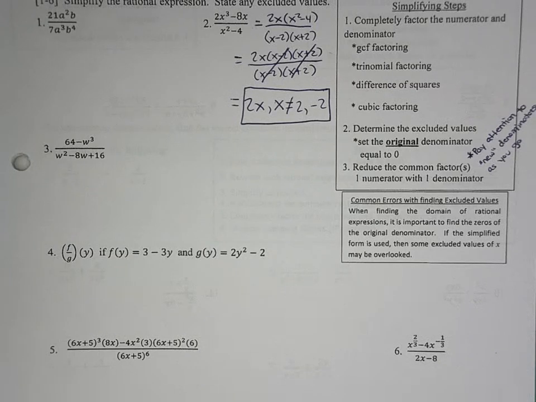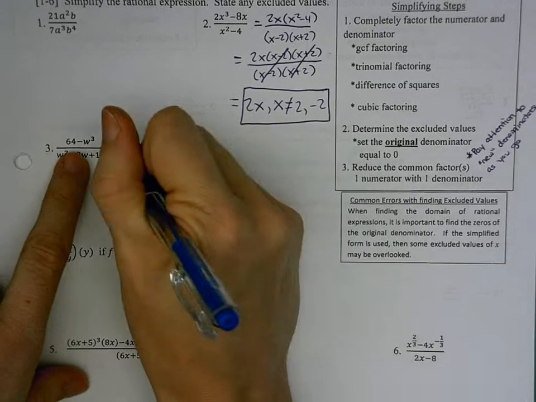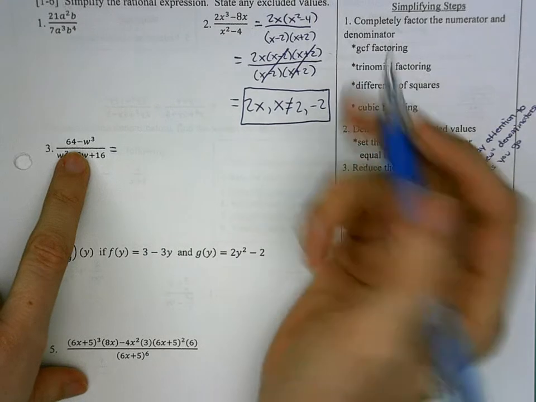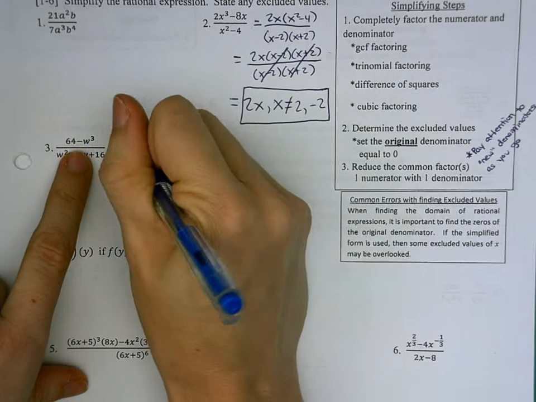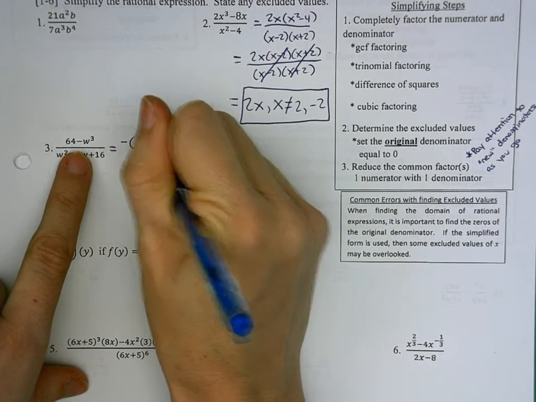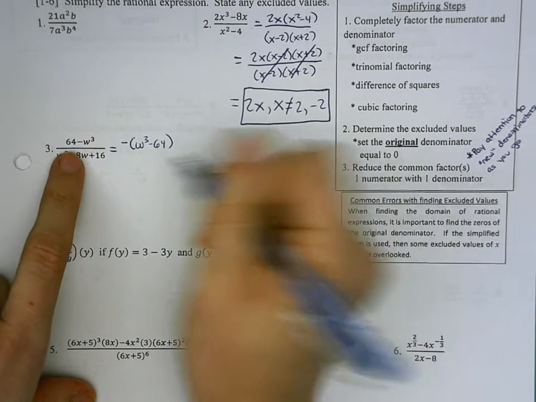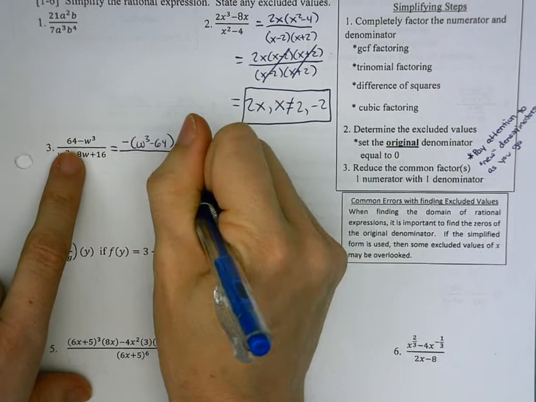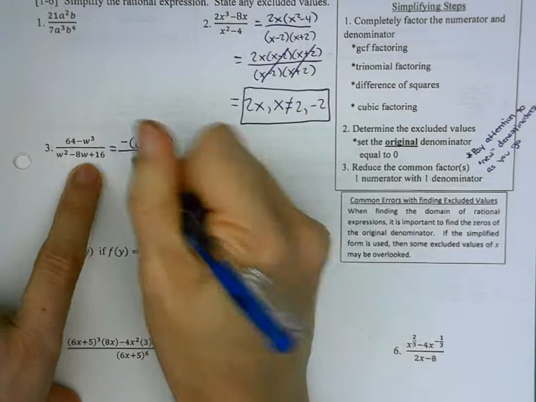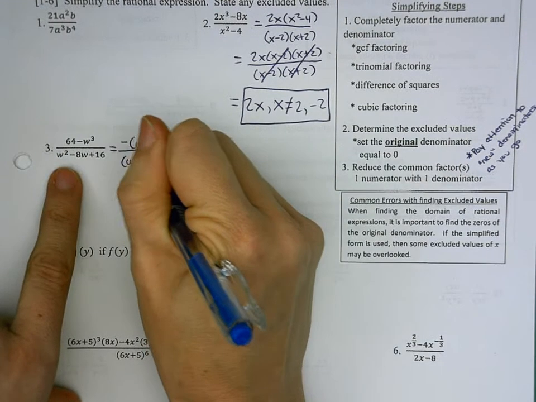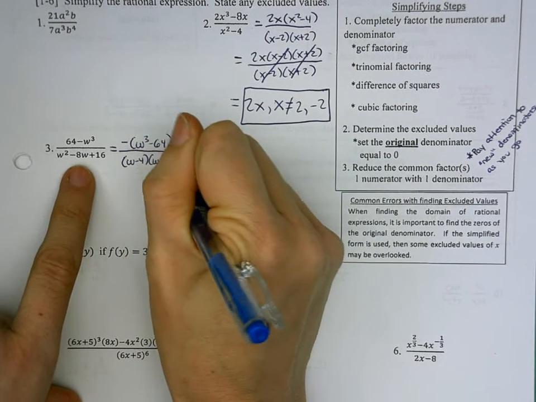Okay, number 3, factoring. This is a cubic factor here. Now one thing we could do is factor a negative out at the beginning. That would turn it into our traditional cubic factor form. You don't have to do that, but it's an idea. Down here, this is a trinomial that factors to w minus 4 times w minus 4.